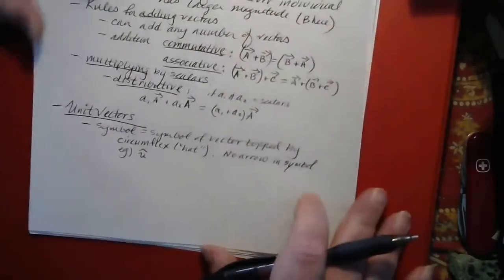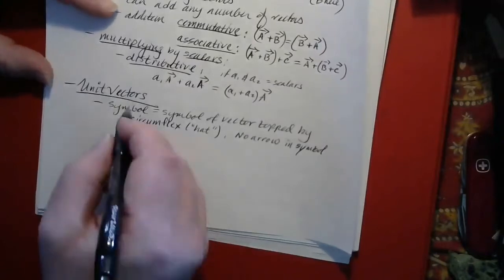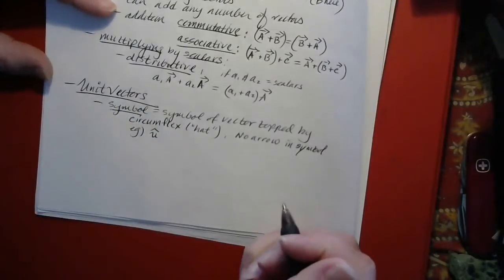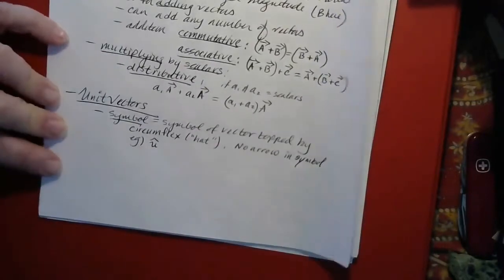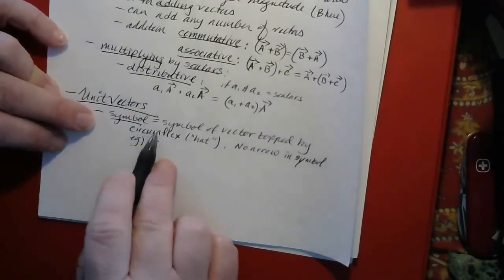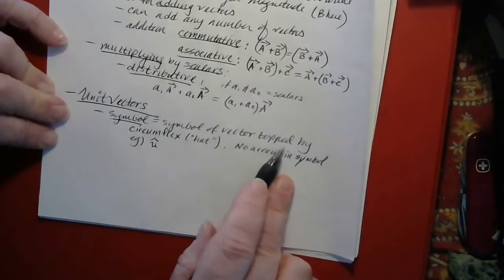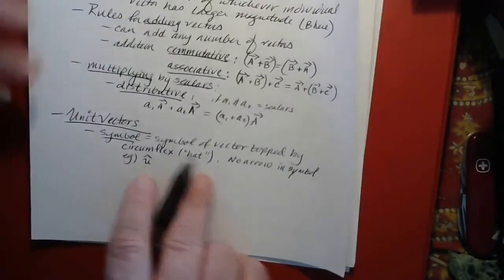Okay, where we left off was the idea of unit vectors. This is kind of a new concept which can actually make things a little bit easier in some cases. A unit vector, first of all, has a symbol which is just the symbol of the vector, only instead of being topped by an arrow, it's topped by a circumflex.